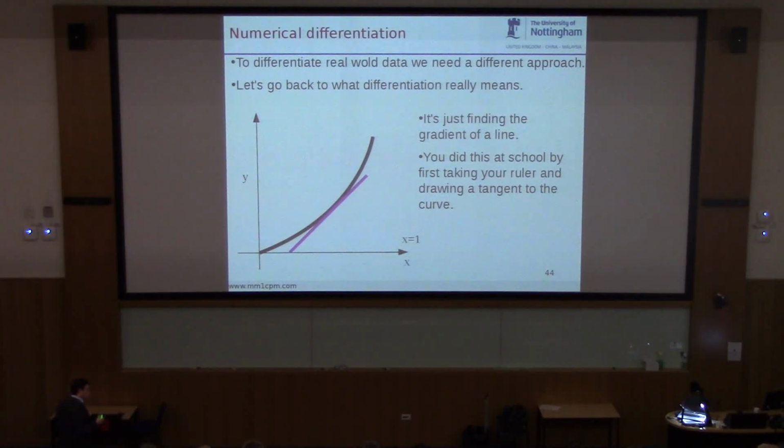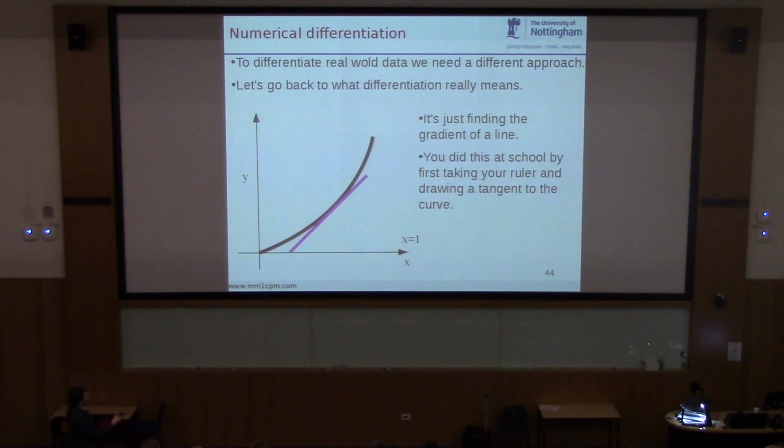Now, we're going to go back again to what you did at school. So if when you were 15 or 16, your maths teacher said to you, draw a line and then calculate the gradient at x equals 1 or 2, you would do this by putting a ruler on the line, okay? So there's my ruler.